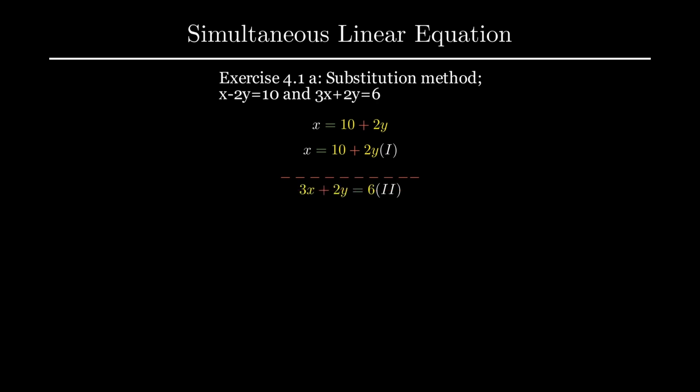We have equation 2, which is 3x plus 2y is equal to 6, given in the problem. After making x the subject of formula in our first equation, we know that x is the same as 10 plus 2y. So we substitute x in equation 2: where there is x, we put 10 plus 2y.